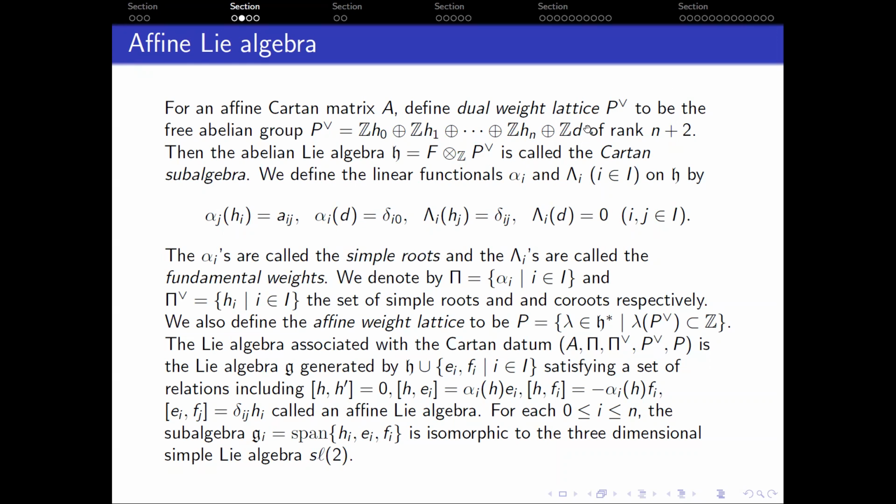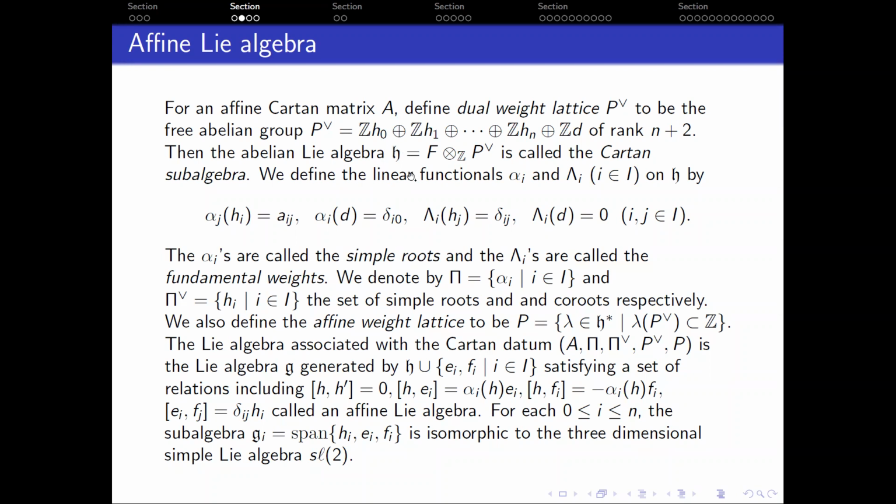And I denote that basis element by D. So in particular, this dual weight lattice has rank n plus 2. Incidentally, for the affine case, we always start from 0 as opposed to 1. Part of the reason being that if you drop the 0, as I showed you, then you will get a simple Lie algebra with a positive definite Cartan matrix.